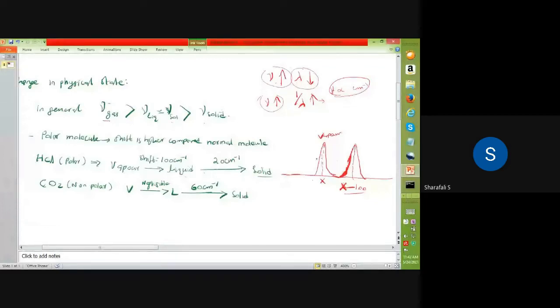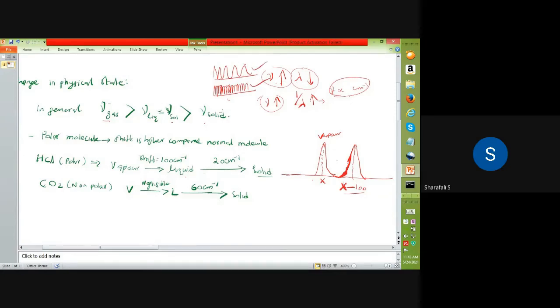Otherwise you can take it like this: if you have a wave like this with some frequency, or a wave like this, the number of waves per centimeter or per meter will be larger in the high frequency case as compared to the other.